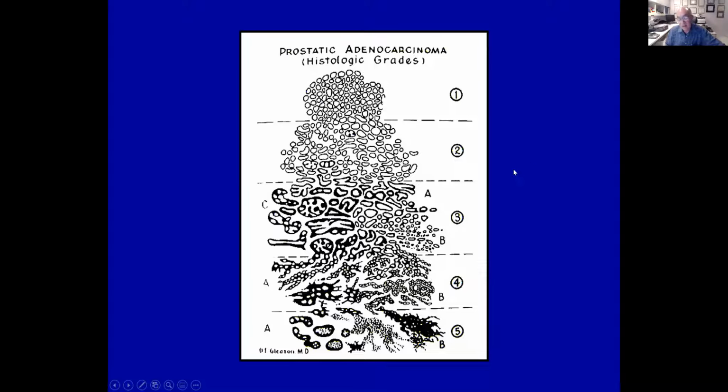glands. The most interesting achievement is that he was able to correlate the morphology or the architecture of the glands of this cancer with the survival of the patients. And that's the most important clinical correlation that we have from Dr. Gleason.